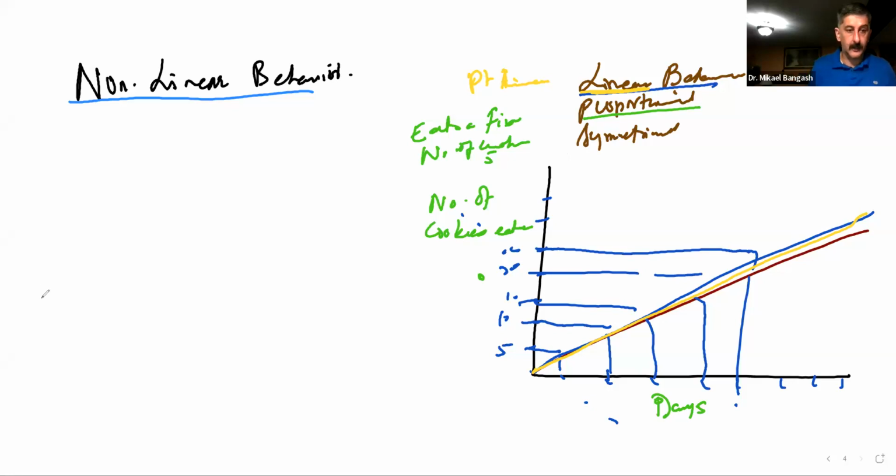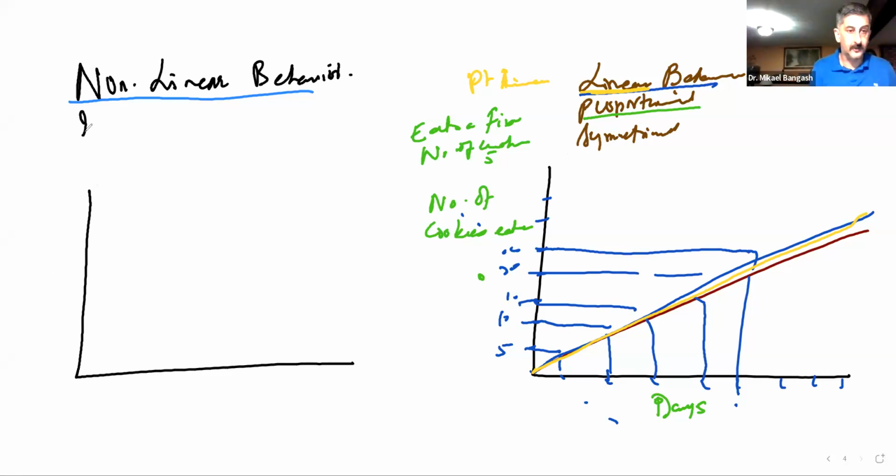Whereas, on the other hand, we can say we have non-linear behavior. That can mean it's irregular, or unlike being proportional, it's disproportional, or we may even see it be unpredictable.